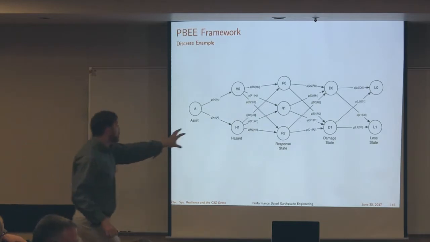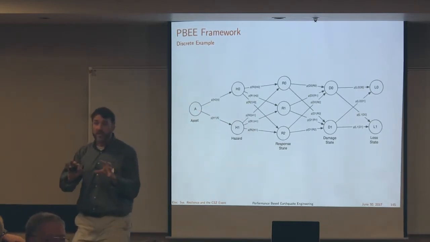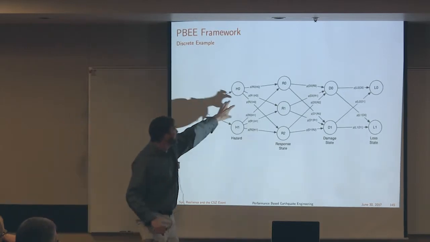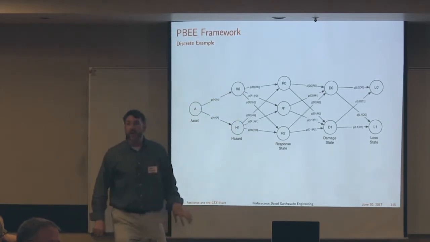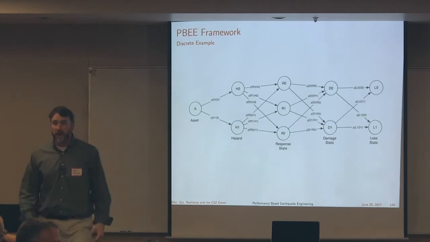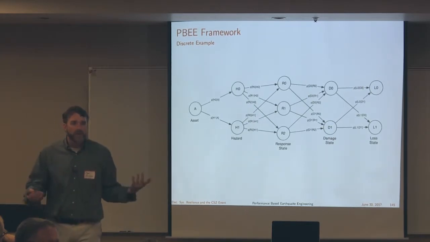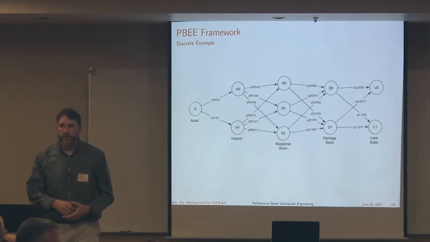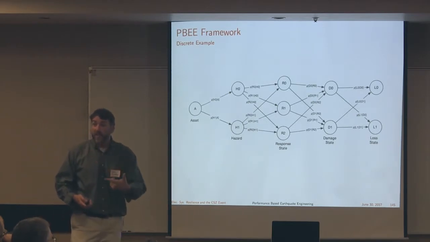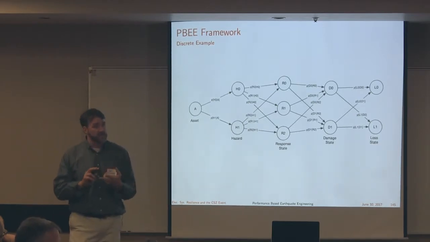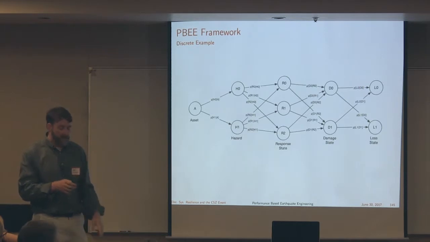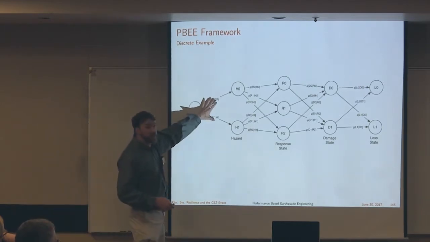So if you're going to really do this full analysis, you would put as many hazard levels in here as you wanted to account for, right? Which could obviously get complicated, but if you're programming this, who cares? You can have these matrices be hundreds by hundreds, right? But for the sake of illustration, I just kept it to 2 hazards. One is everything's fine, and the other is something bad happened, right? So those probabilities add to 1.